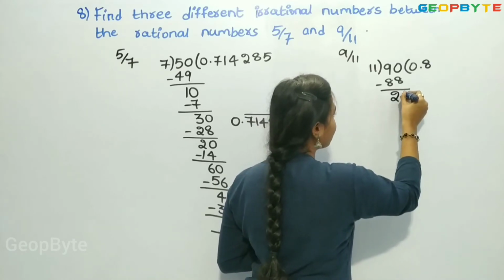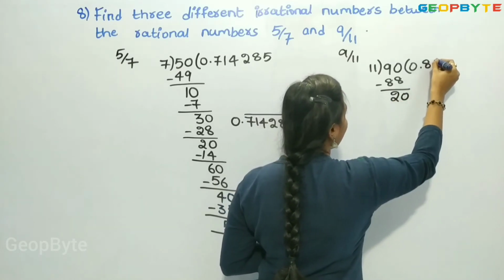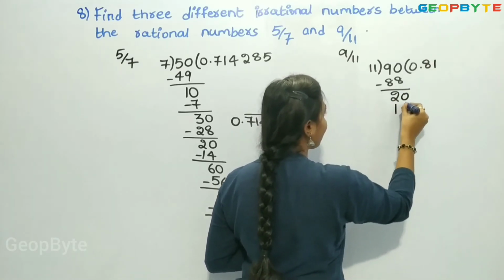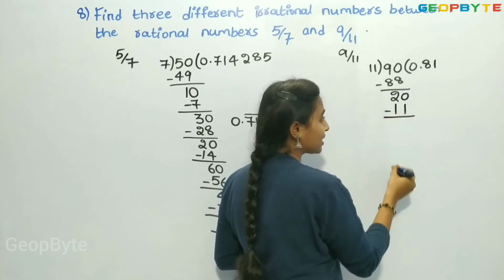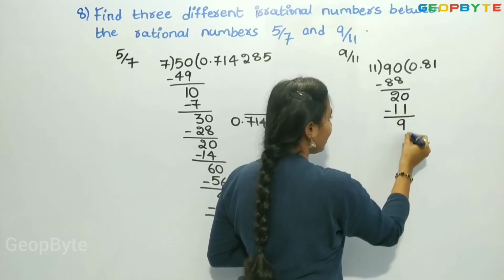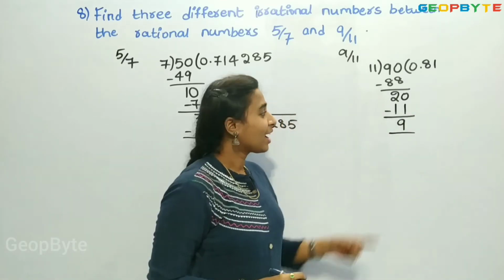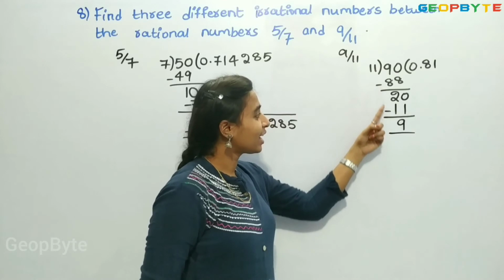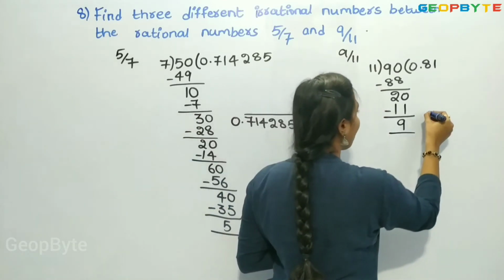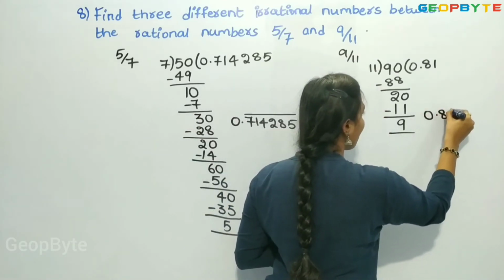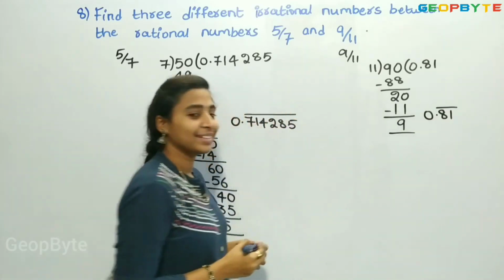Now put a 0. 11 ones are 11. 20 minus 11, 9. Again we got 9. Again we will put 0, 88. Again this will be repeating. So our quotient will be 0.81 bar.